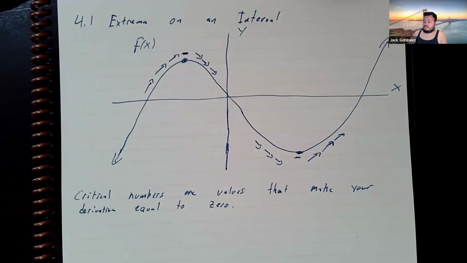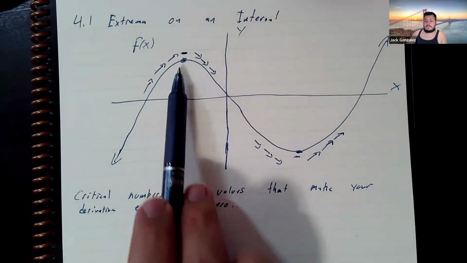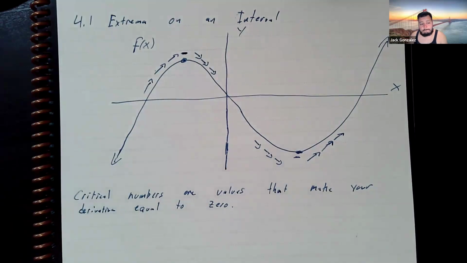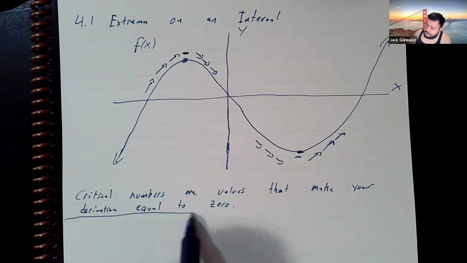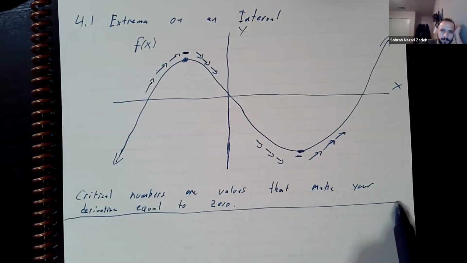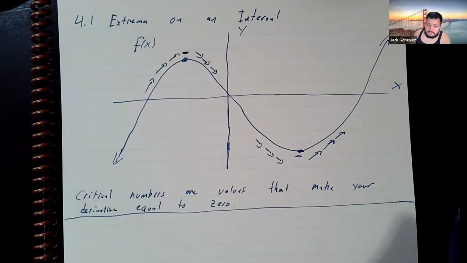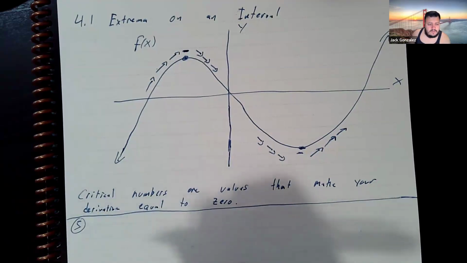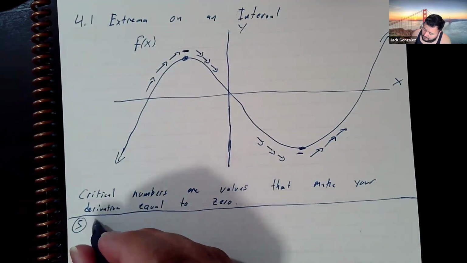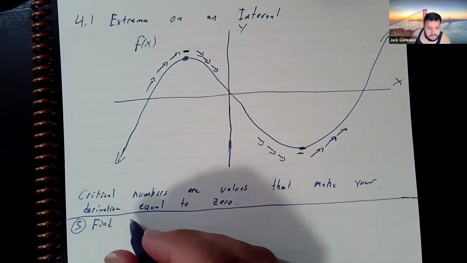So critical numbers could be these maximums and minimums. Could be. So if they make the derivative 0, how would you find the critical numbers? Factoring and setting equal to 0. Yeah, pretty much. Just find the derivative, set it to 0, and solve it. Probably a lot of factoring. So basically, just set it to 0, solve.